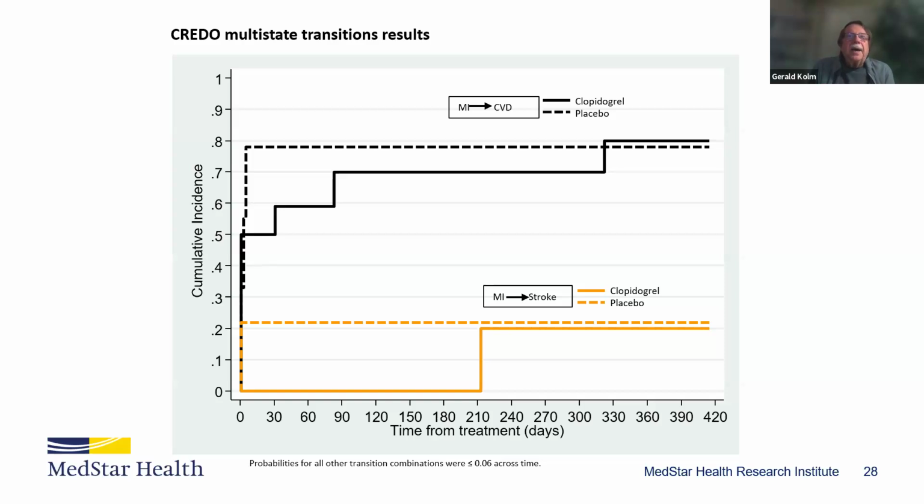And so you can see that in both examples here the clopidogrel group is doing better. We could also have plotted the non-fatal stroke to cardiovascular death, but those were very small, so I didn't include them in this graph.